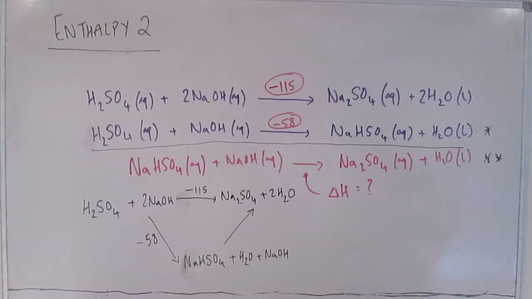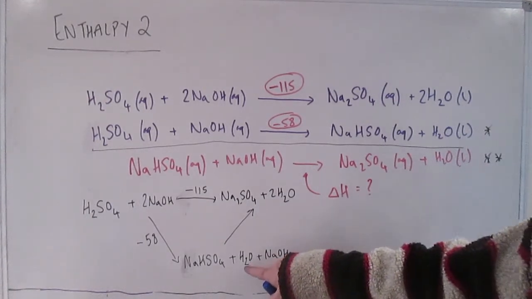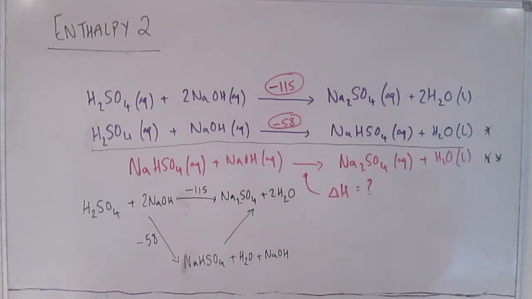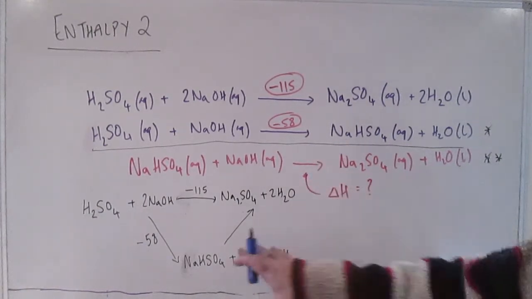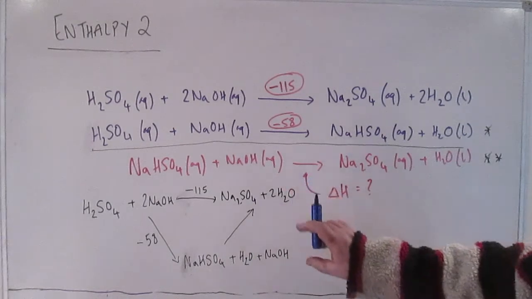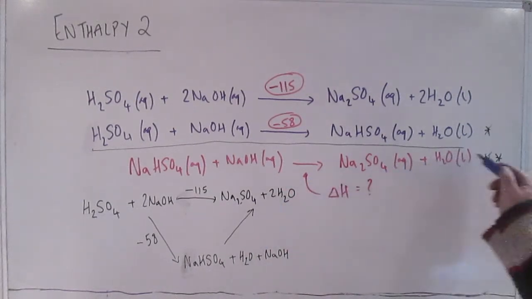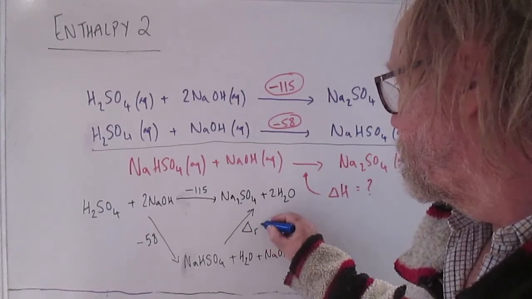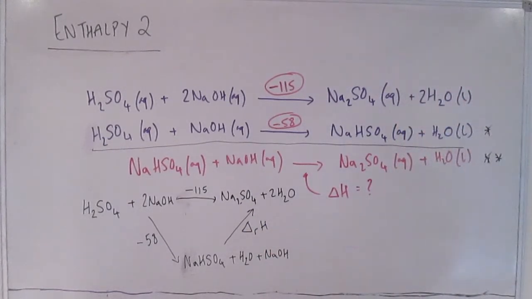So again, it looks a bit weird, but when you realise that water isn't changing, it's just being carried through, so it makes no contribution to the enthalpy, so you edit it out and you realise that that reaction going up there is the one that we want. So that's delta H of reaction.